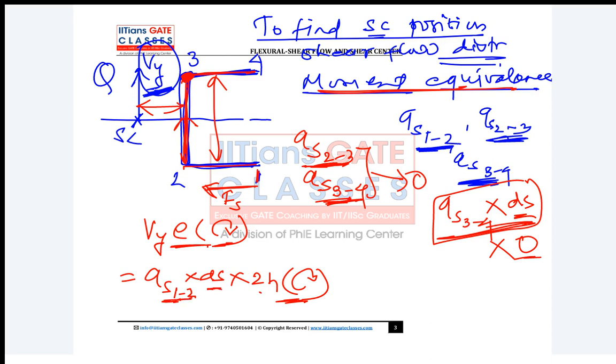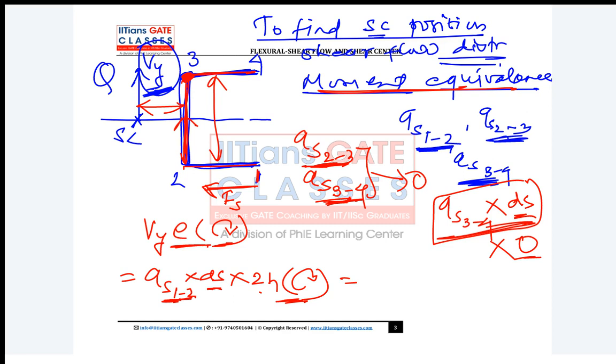Now guys, we already know what QS is. What is QS 1 to 2? Can anyone tell? What is QS 1 to 2?